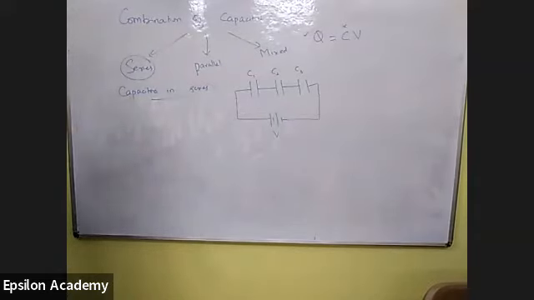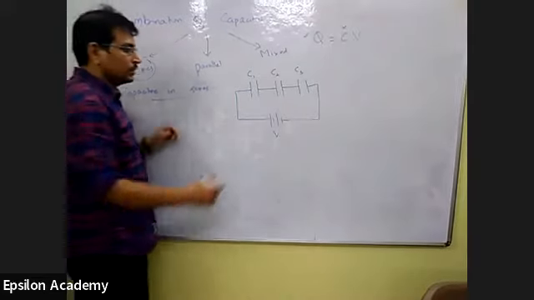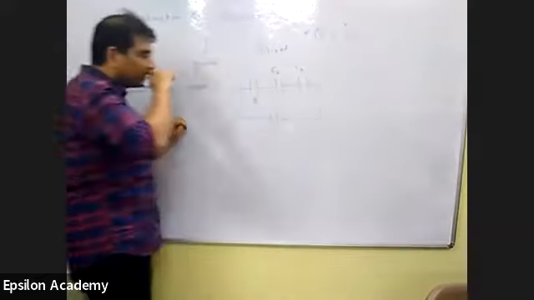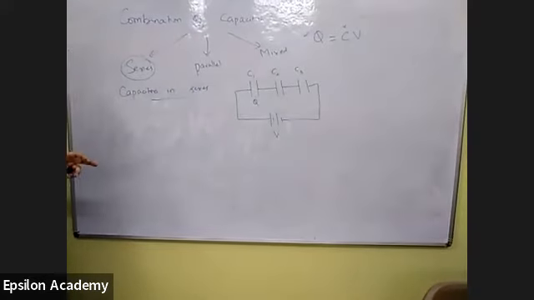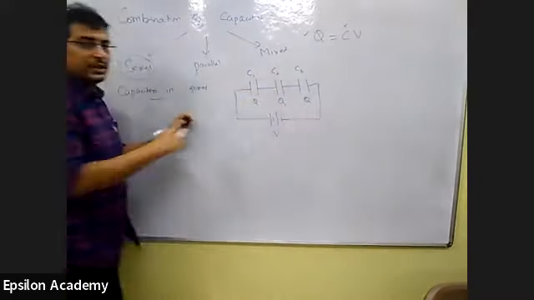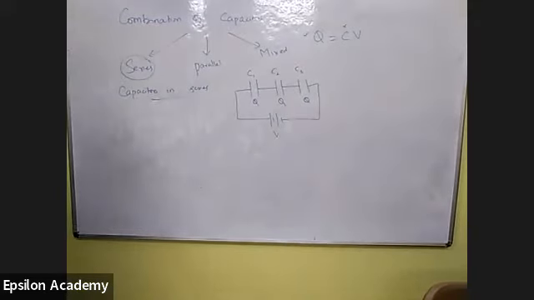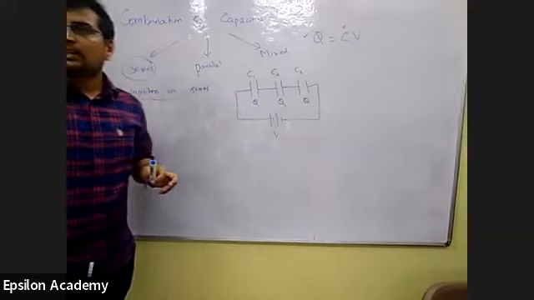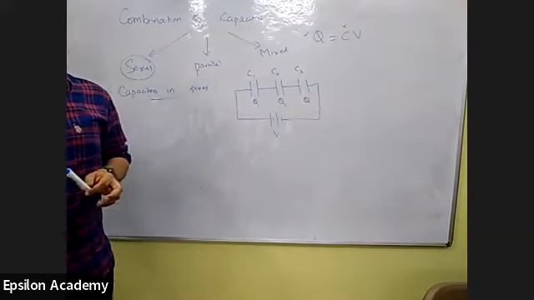So in a series combination, what do you think will be common? It is the charge. Because wherever you see voltage is constant, it is always parallel. Same is the case with resistors, right? So if all the capacitors in this combination have the same magnitude of charge present on them, then you can say that all these capacitors are connected in series.